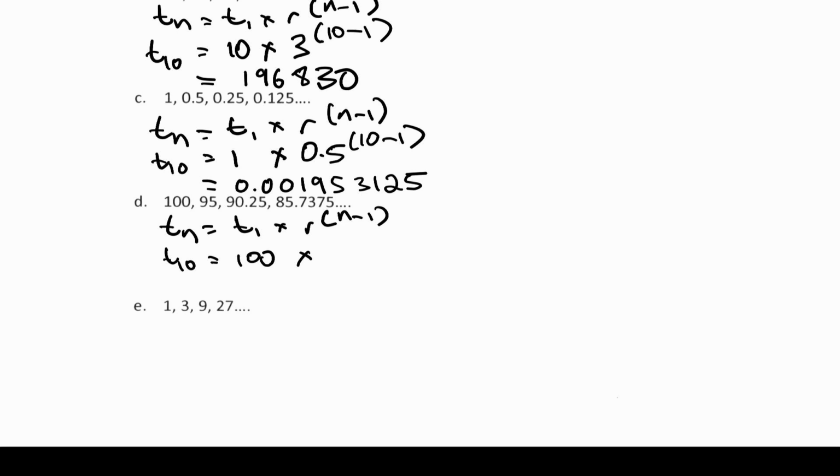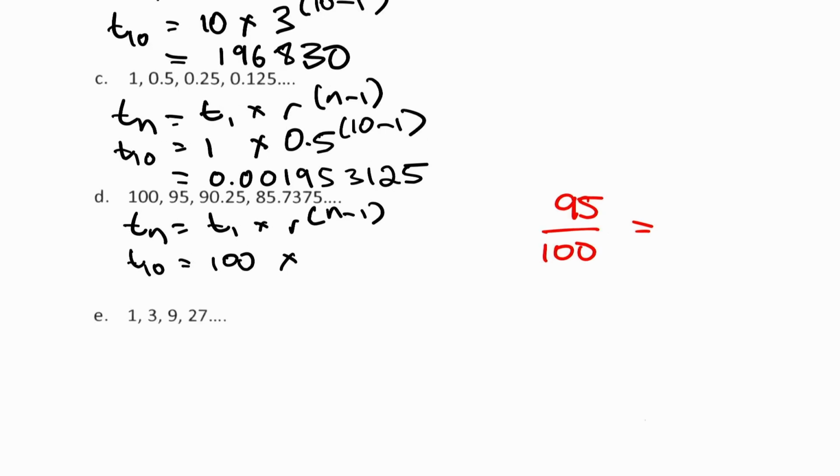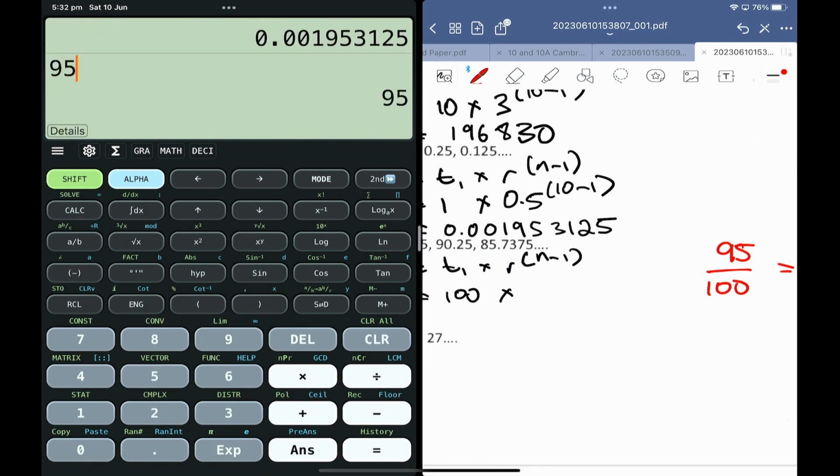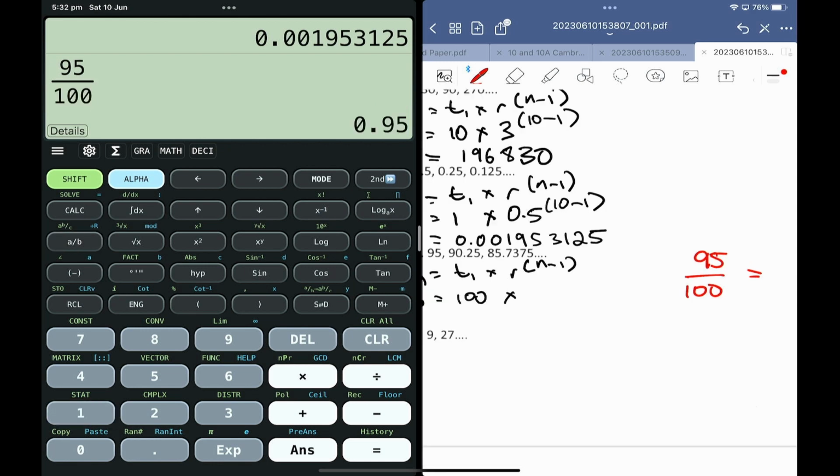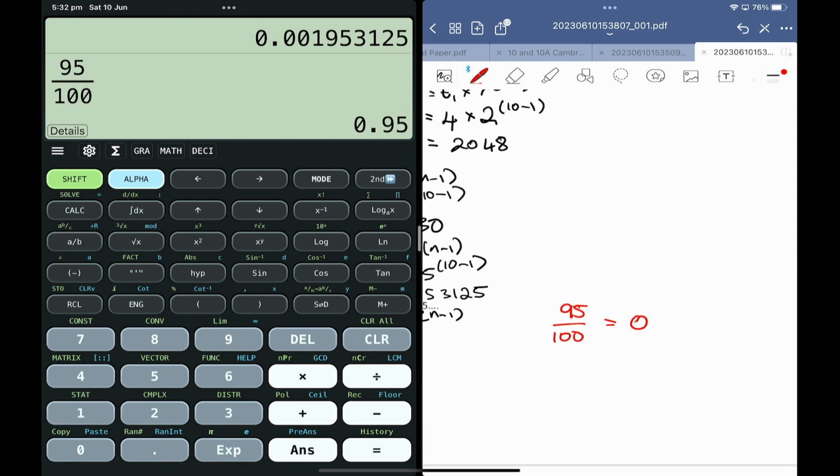In fact, let's just do this over the side. If you get a more complicated one like this, for the ratio you can just take the second term and put it over the first term. So that's 95 divided by 100, and you can always put that into a calculator if you like. 95 over 100 is 0.95, so our ratio is 0.95.